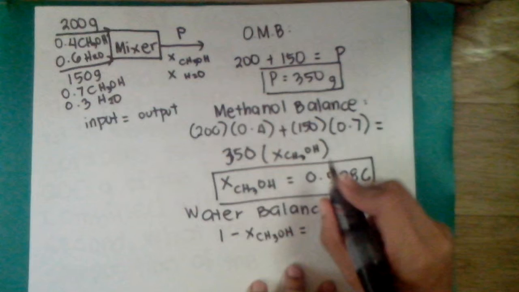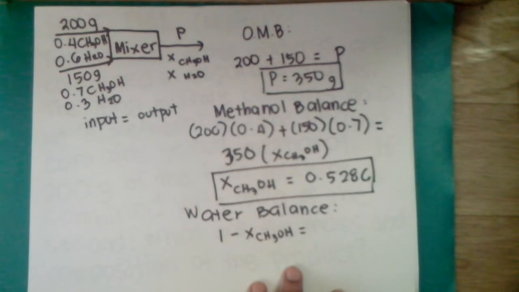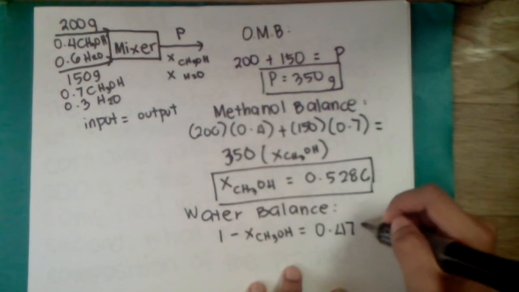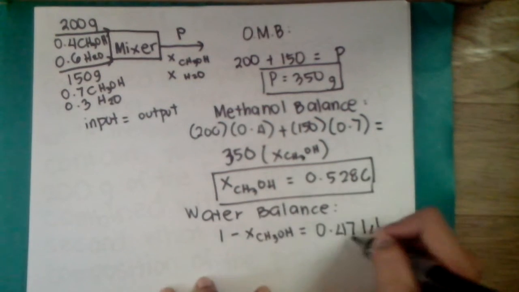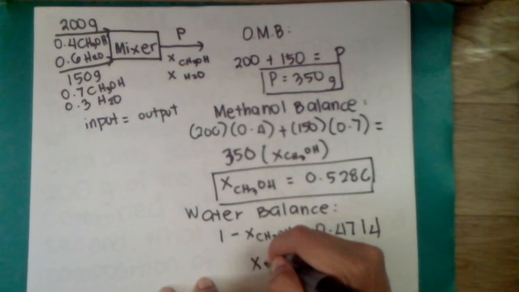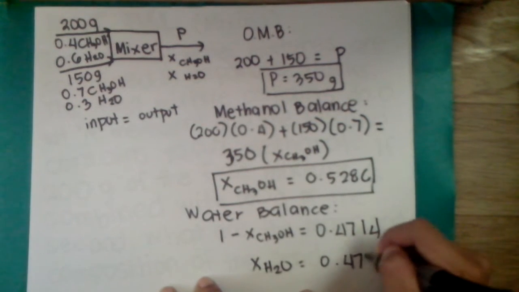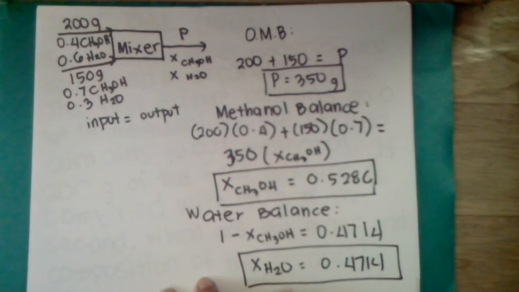That would give us 0.4714. Composition of H2O is 0.4714. And we have our answers.